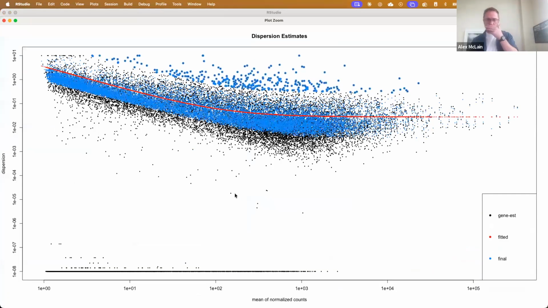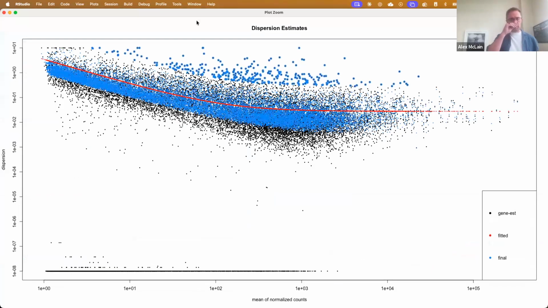So this is the plot that shows us the dispersion estimates for all genes that made it past the filtering. There are a few things we see from this.